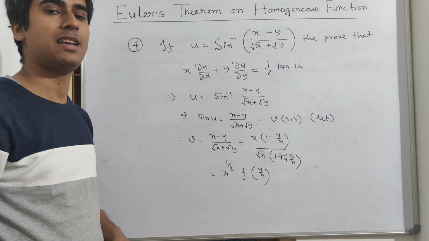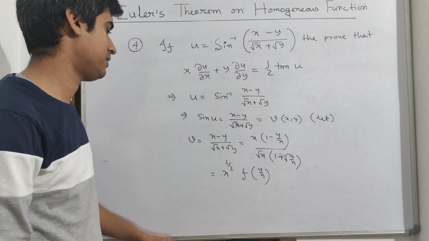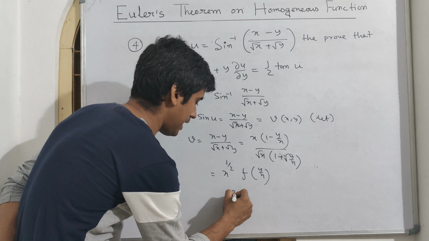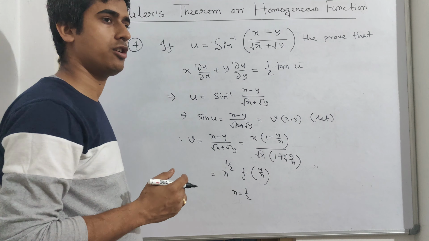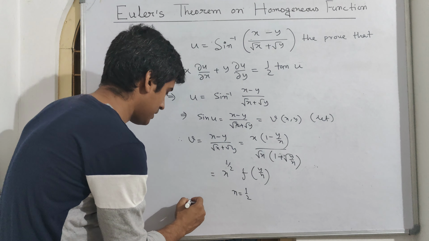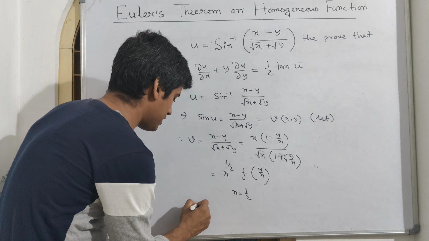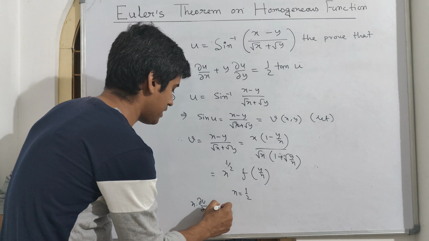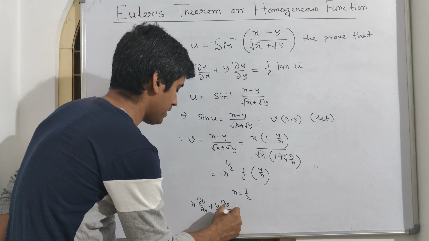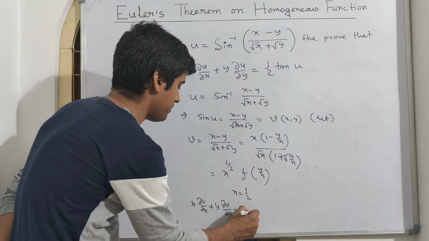Clearly, here v is a homogeneous function of degree half. So here n equals half for v. So from Euler's theorem on v, we will get x ∂v/∂x + y ∂v/∂y equals half v.